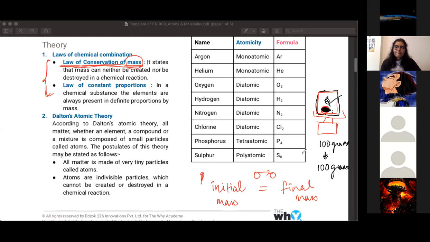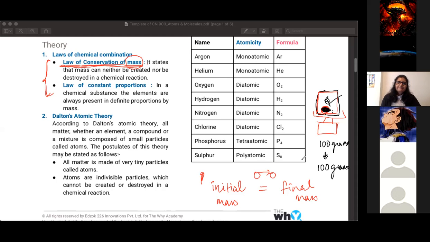Understood? Yes, ma'am. Yeah, Swayam. So, ma'am, according to what you have said, the plasma doesn't have any volume, no mass, right? Plasma?